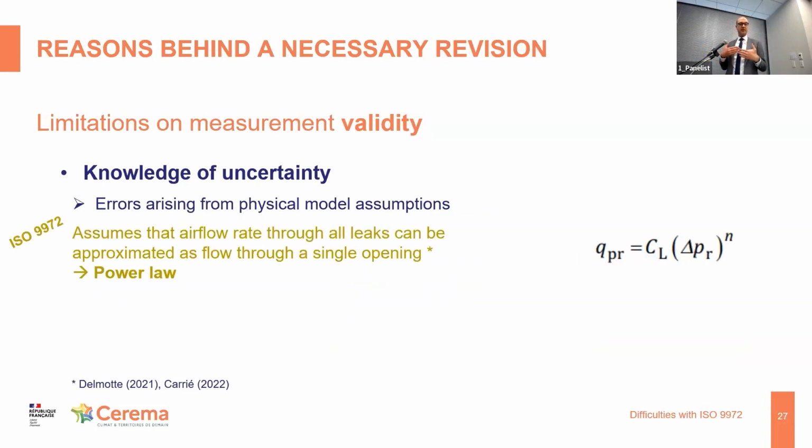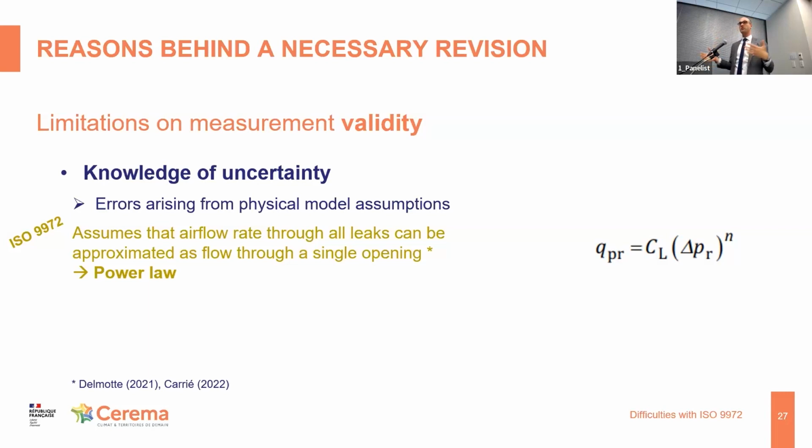And then there are the errors arising from physical model assumptions. The standard assumes that we can approximate all the single leaks as one big leak, which fits the power law. But in reality, every leak has its own pressure exponent, so if we wanted to do it really well, we should measure the airflow through every leak.